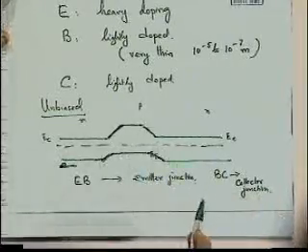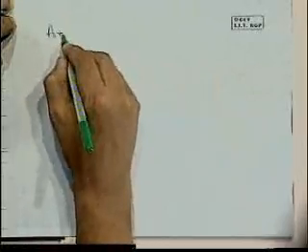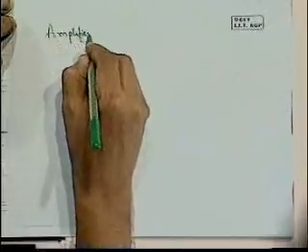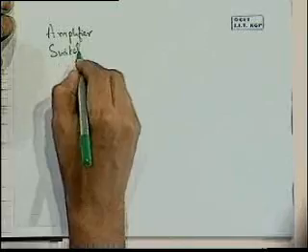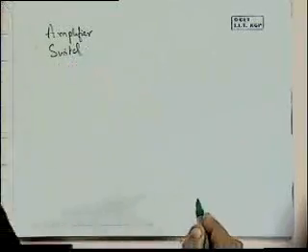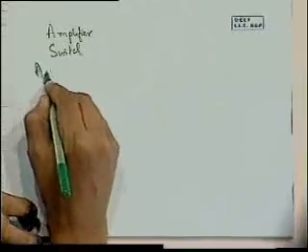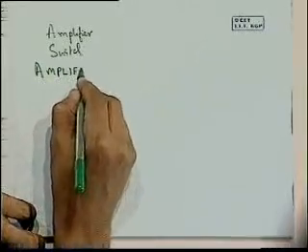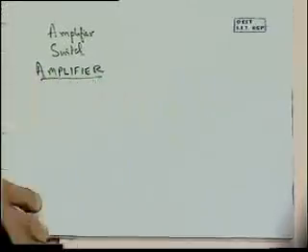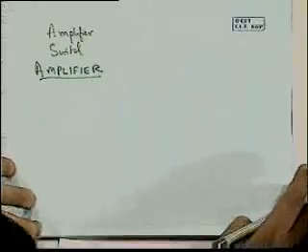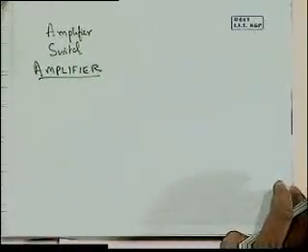Now you may make use of something like this either as an amplifier or a switch and so on. There are different ways in which this can be used. Now if you're going to use it as an amplifier, for example, as the name implies, when you give some input signal, you get the same signal amplified at the output end.